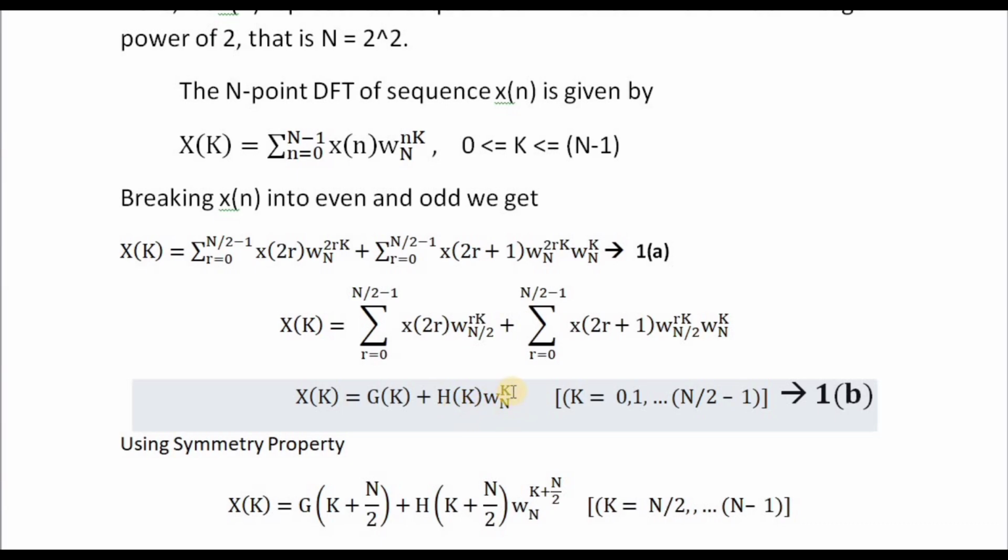But you can see this g of k, for 0 to 3 only, will follow this equation.